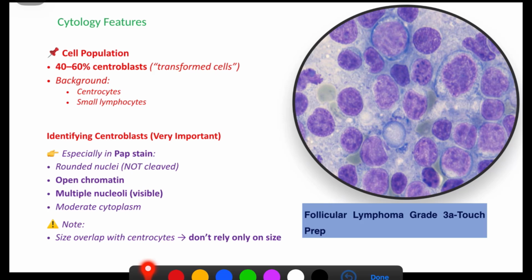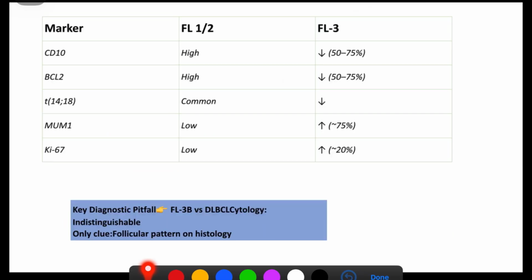Open chromatin we can compare with these lymphocytes, and multiple nucleoli in some of the cells. Moderate amount of bluish cytoplasm, and here you have to note that size overlaps with centrocytes. So don't rely on the size, but go for the nuclear features, nucleoli and cytoplasmic appearance.